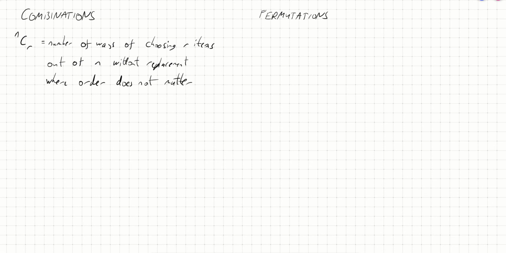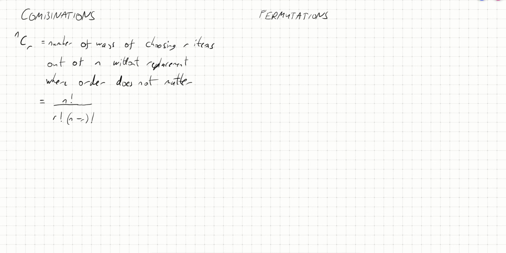Okay. So let's say we're choosing balls of different colors. Then if we get a blue ball then a red ball, that's the same as getting a red ball then a blue ball. The order does not matter. And there's a formula to work out what this number is. The formula is n factorial divided by r factorial times (n minus r) factorial.